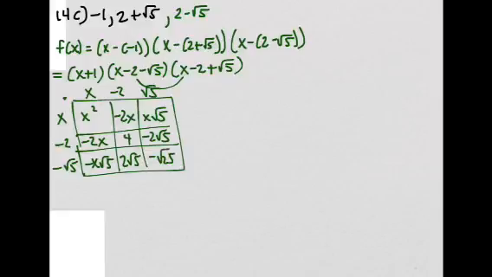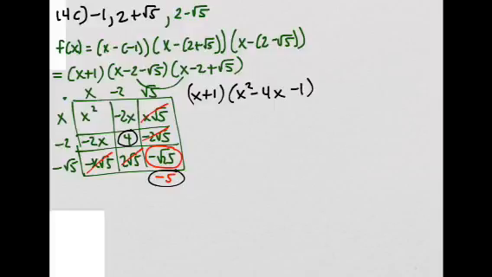So this one and this one is 0, this one and this one is 0, and this one is negative 5, right? Square root of 25 is 5. So now I have x plus 1, and then x squared minus 4x, and 4 plus negative 5 is negative 1. So now I'm going to multiply these together.